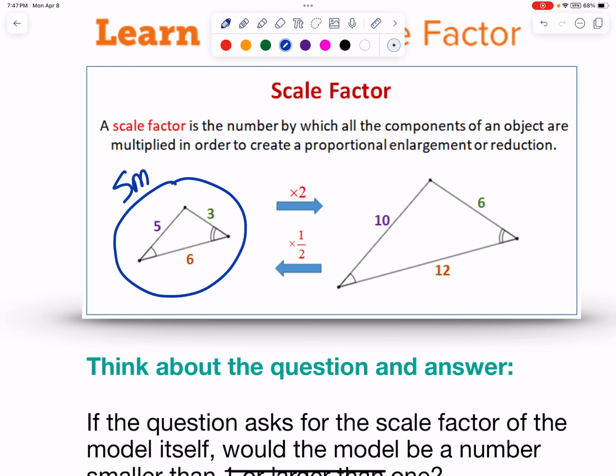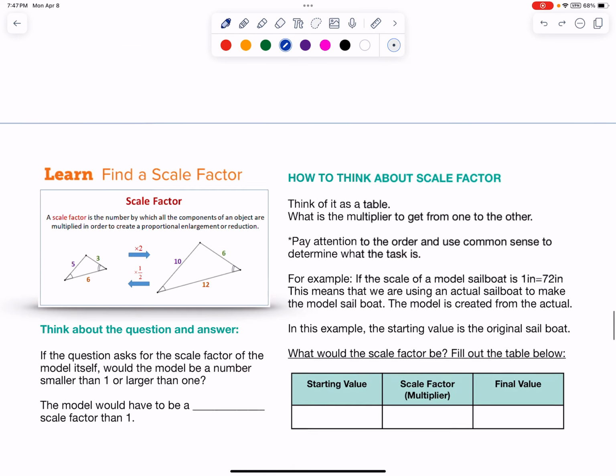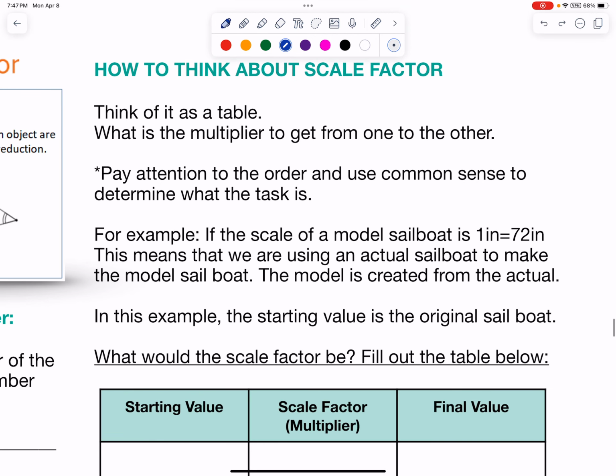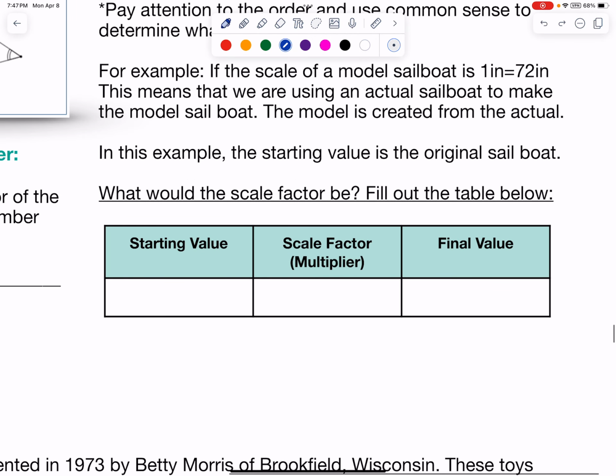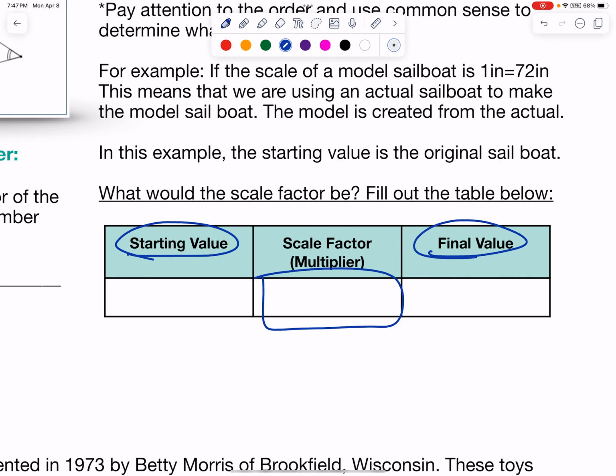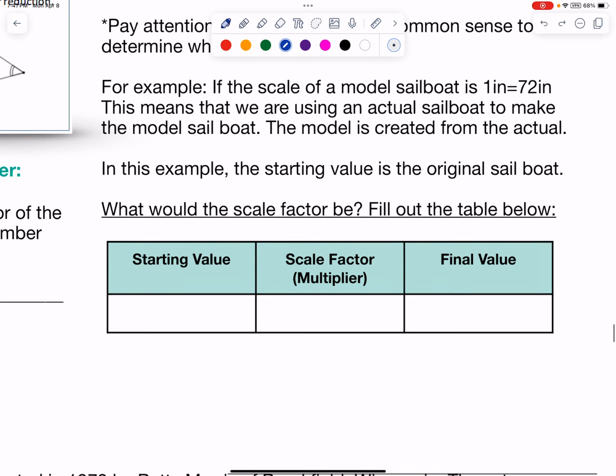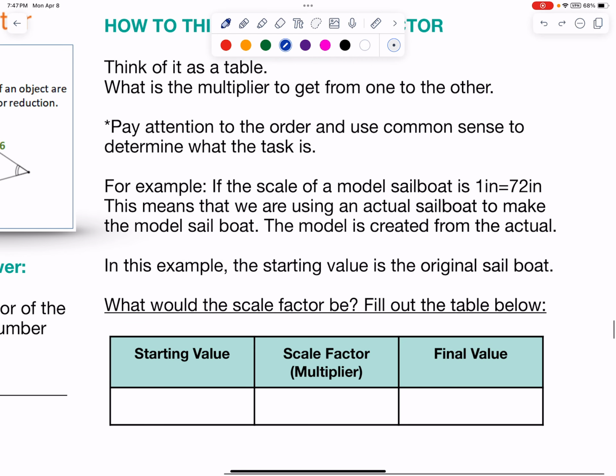Well, it's a half of the big. So one of the things I want you to focus on is think of it as a table, first of all. You have some sort of starting value, you have a multiplier, and you end up with a final value. But I also want you to pay attention to the order and use common sense.